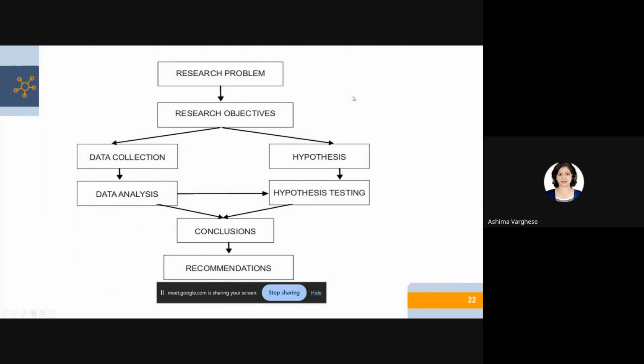So for this, when we have started the research... Excuse me, ma'am. Yes. Ma'am, can you just hide that message? Because some text is not seen. Okay, just wait. Sorry to interrupt, ma'am. Yes, it's okay.